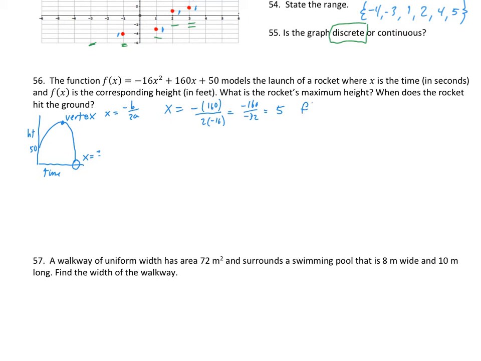So let's say, well, what's f of 5? This is -400.